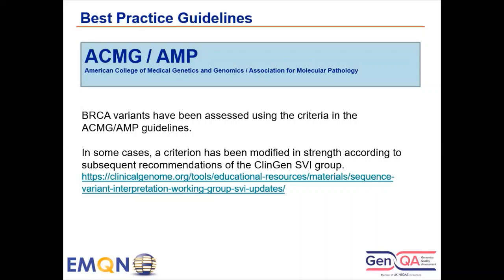For the purpose of this assessment scheme, the BRCA variants have been assessed using these criteria. But in some cases the criteria are not very clear, and they have been modified according to recommendations of the ClinGen SVI group, and this resource can be found through this website.